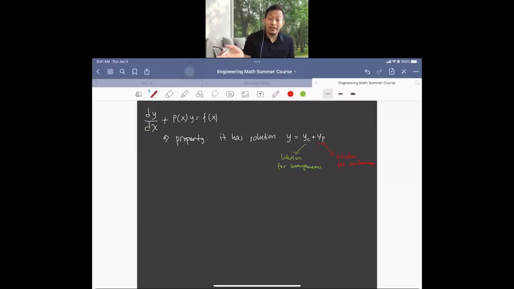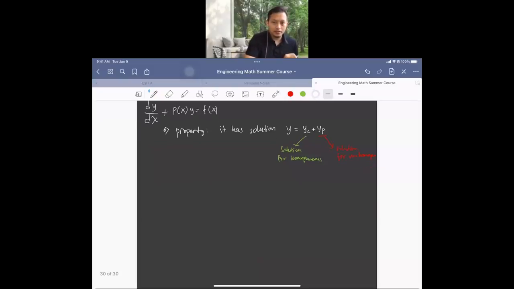Okay, the total solution that might happen in our linear order.